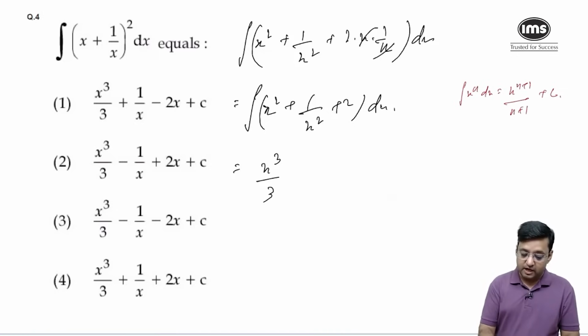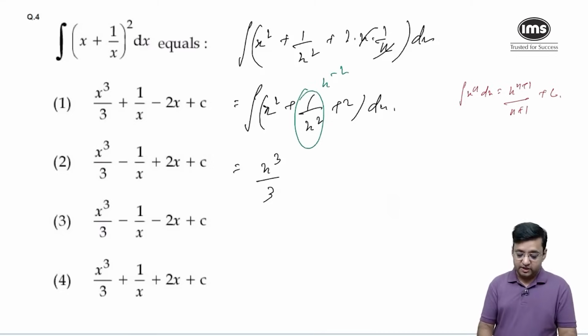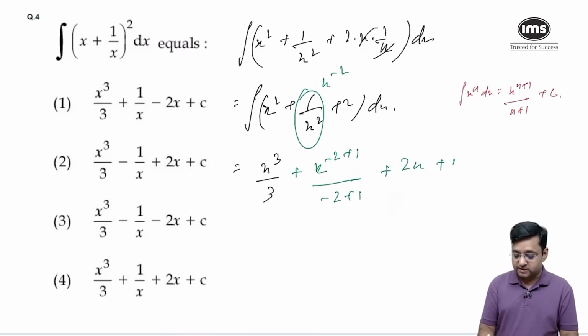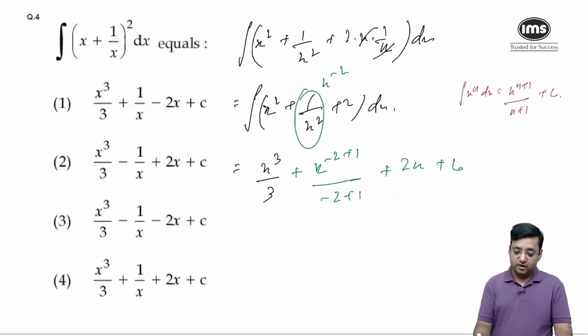But how will you do the second part? The second part will become x to the power minus 2, so we get x^(minus 2 plus 1) by (minus 2 plus 1), plus 2x plus c. If we have a constant term, then there will be x.